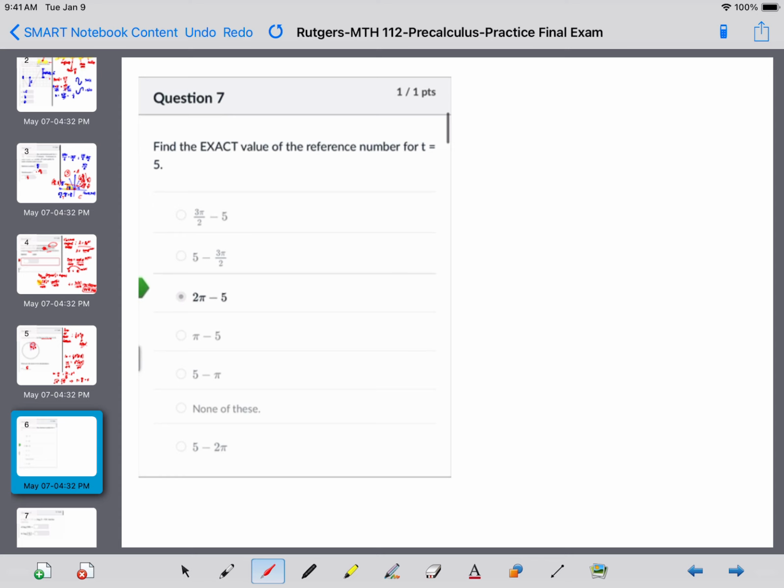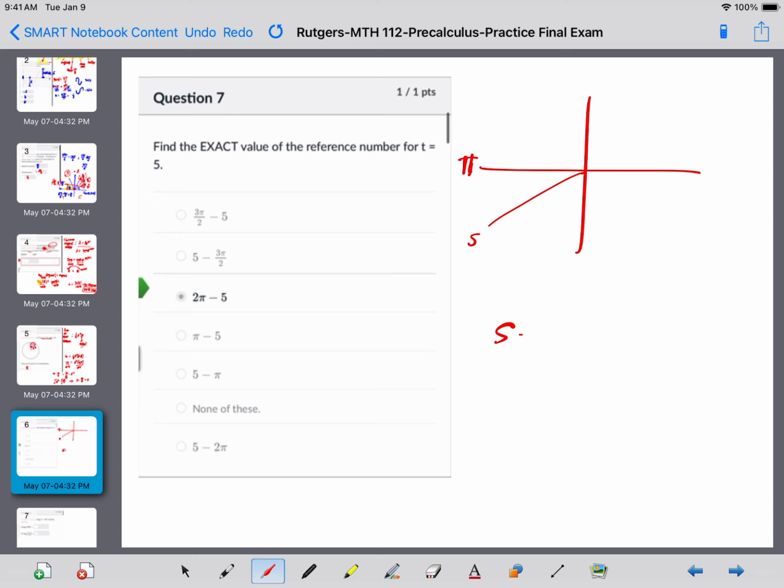It says find the exact value of the reference number for t equals 5. Something you could think to yourself, pi is approximately 3.14, so it'll likely be in quadrant 3. A way that you could check this is you could convert to degrees.